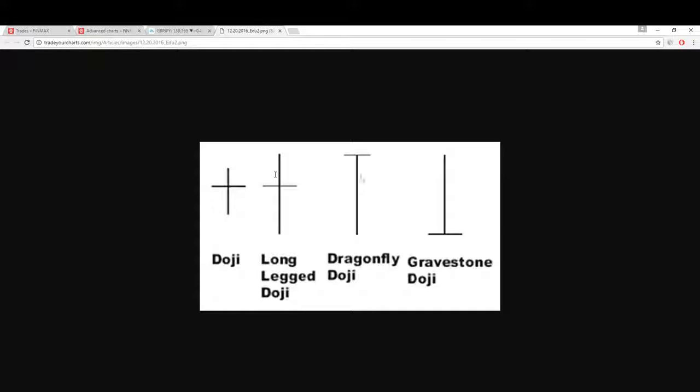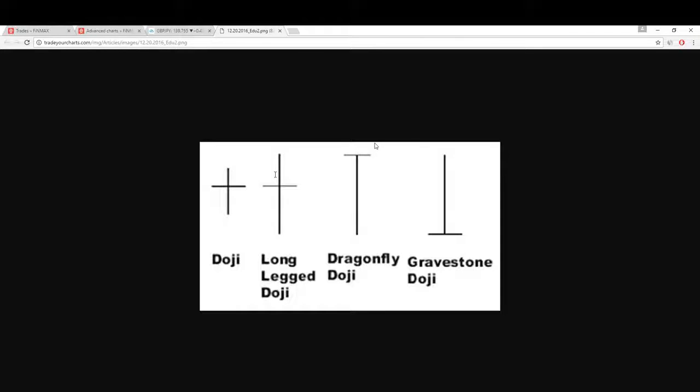And if there is some body, of course the shadow should be at least twice or even 3 times longer than the body. Okay, and here there can be a small upper shadow also, but the strongest dragonfly doji is without any upper tail, without any upper shadow.